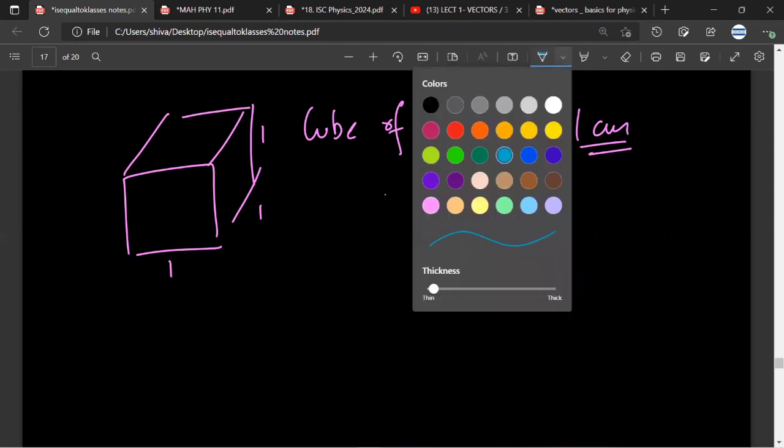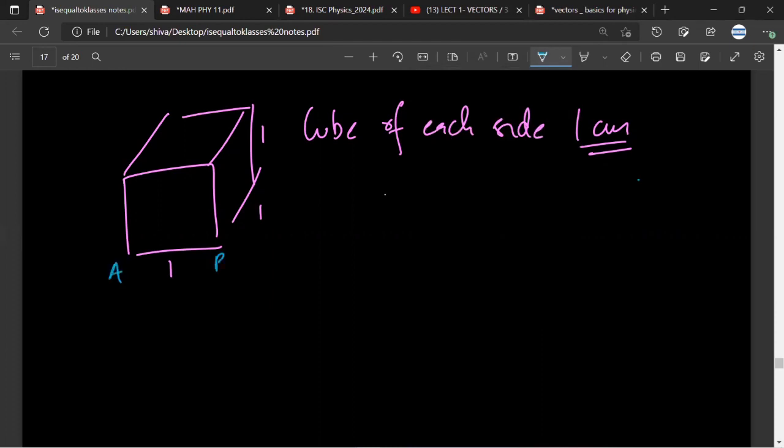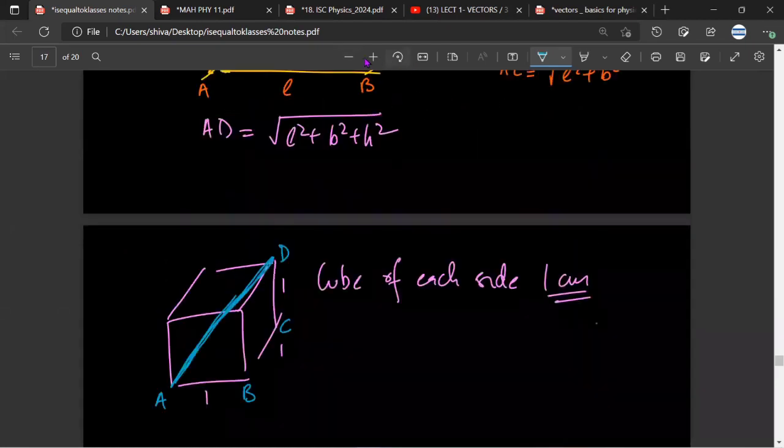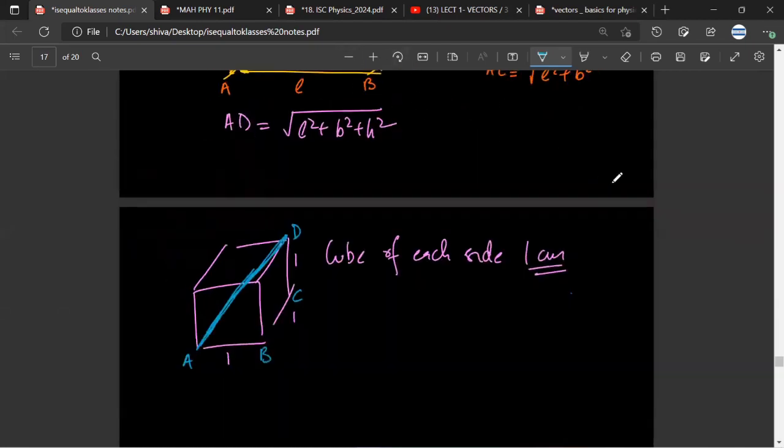Again, that rod that I was talking about, A, B, C, D. This rod, can you tell me the length of this rod in this cube? Would you be able to do that? Have you understood the question? I'll repeat the question.